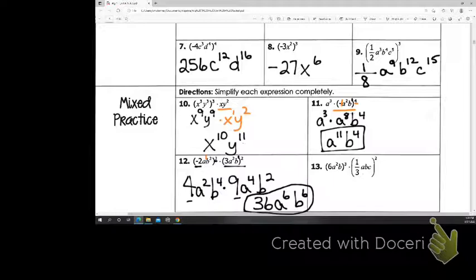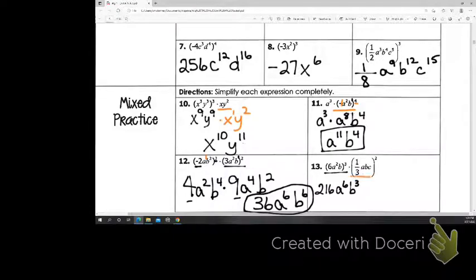So here I have 6 to the 3rd power, so I'm just dealing with this. That's 216. A, 2 times 3 is 6. B, 1 times 3 is 3.